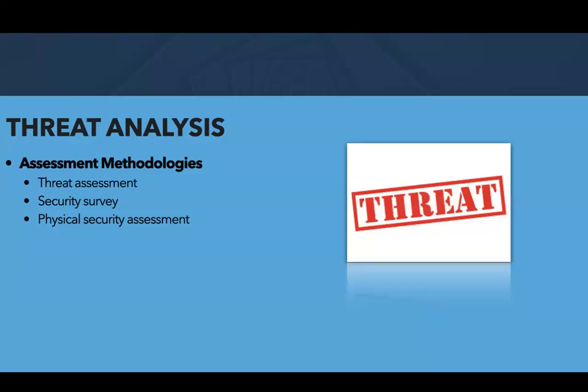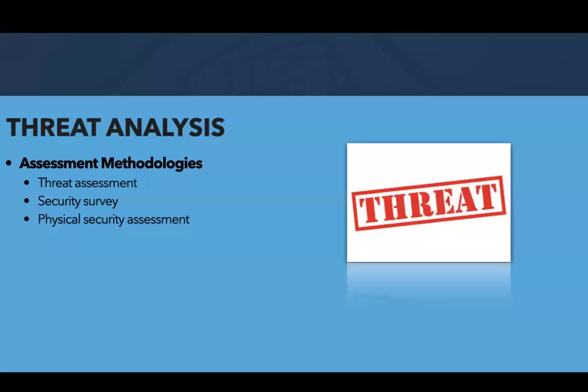Now, the more comprehensive would be kind of a light PSA or physical security assessment, which is a security survey. A security survey most of the time does not include a threat assessment. I'll usually put a threat statement in the security survey, but the security survey just goes in and it analyzes what you're currently doing, any problems that you've had in the past, and it makes recommendations for improvements so that you can firm your security up.